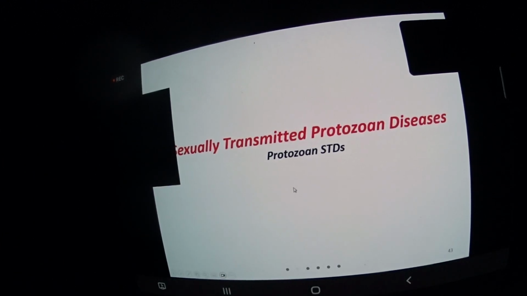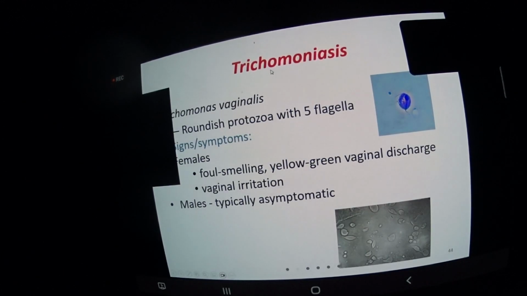Okay, finally, sexually transmitted protozoan disease. This is trichomoniasis. It's Trichomonas vaginalis. So as it's the name vaginalis, that should tell you. The reason they call it vaginalis for the second part of the name, it doesn't mean that only females get it. Males and females get it.